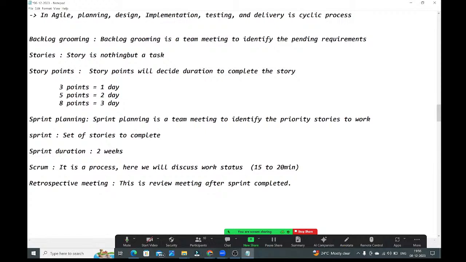Next, guys, when we are working with this agile methodology, we have different people, different teams involved in this agile process.